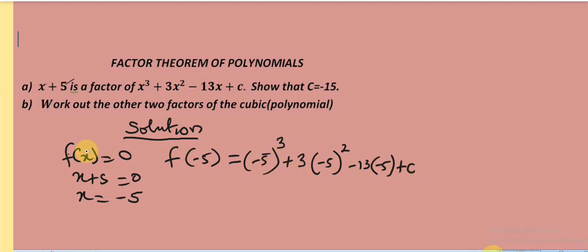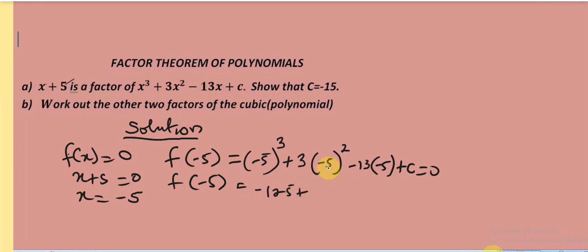Remember I said that the function of x is equal to 0, so when you equate these two, this is going to be equal to 0. So f of minus 5 is equal to: minus 5 raised to the power of 3 is going to give us minus 125.